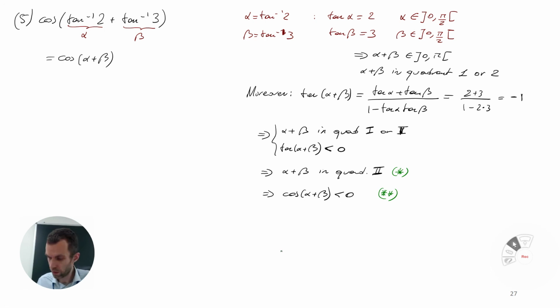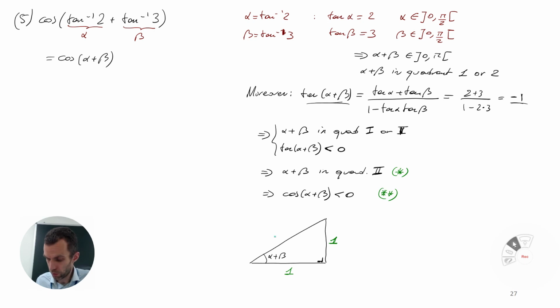So for that, let's take a triangle. We put alpha plus beta here. And we know that the tan of alpha plus beta is equal to minus 1. But in a triangle, you can't have negative sides, so we have to work with the absolute value, 1. So a triangle where the tangent of alpha plus beta is 1 is given by the following one, where the adjacent and the opposite are both equal to 1.